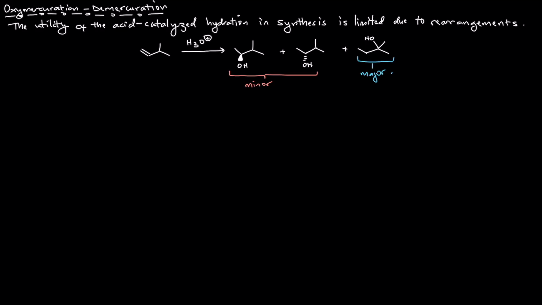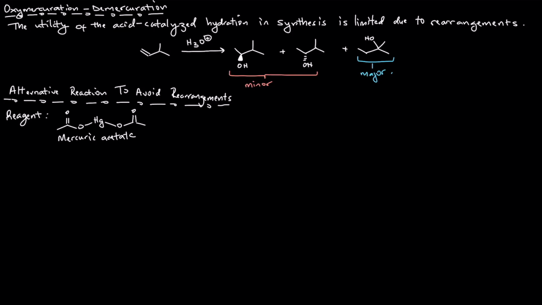And so this is a problem because what if you actually wanted your secondary alcohol from your alkene? You wouldn't be able to just use a simple acid-catalyzed hydration to make this synthesis work. We have to go through another means. And the alternate pathway that would help you avoid rearrangements is via the use of a reagent called mercuric acetate.